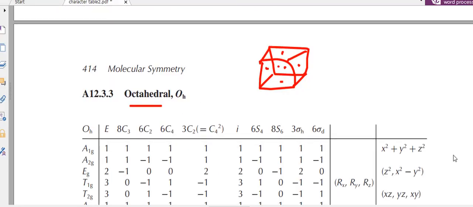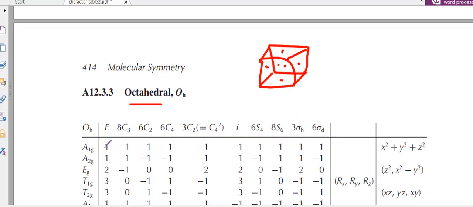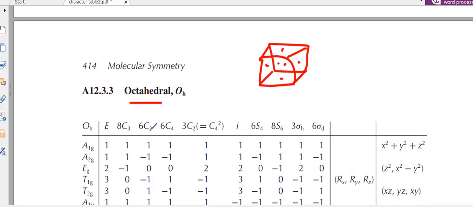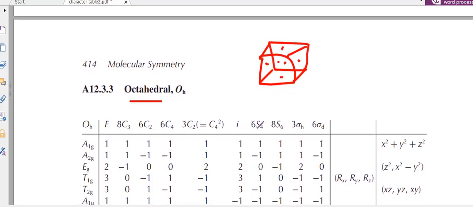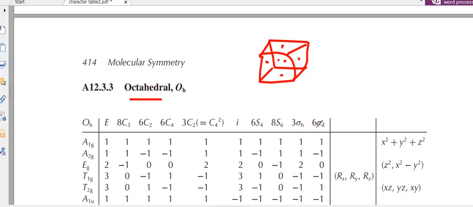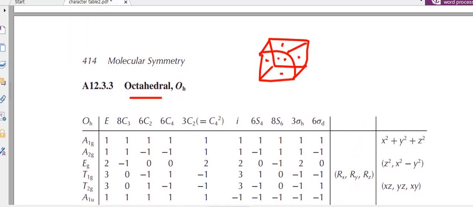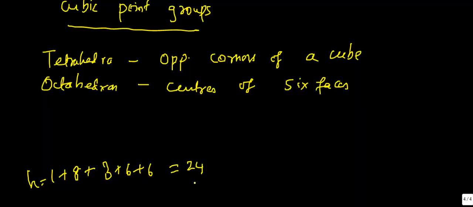Now for the octahedron, if you sum up 1 plus 8 plus 6 plus 6 plus 3 plus 1 plus 6 plus 8 plus 3 plus 6, you will get the value of h as 48. This is for the octahedral point group, Oh. h is equal to 24 for the tetrahedral point group. When the number of operations increases, the symmetry increases.